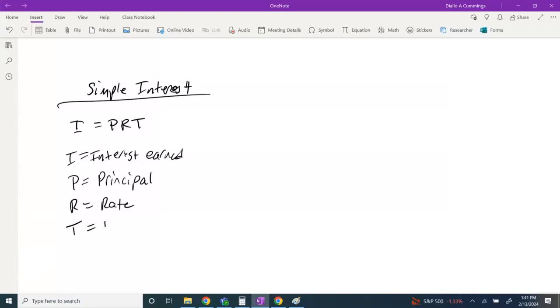T is for the time, but the time has to be in years. And for accounting purposes, there are 360 days in 1 year. Could be 365 or leap year, but we're using 360 for accounting.